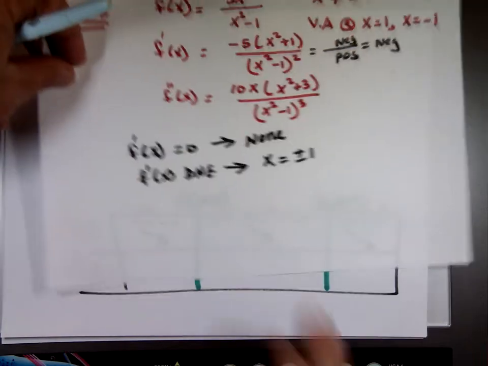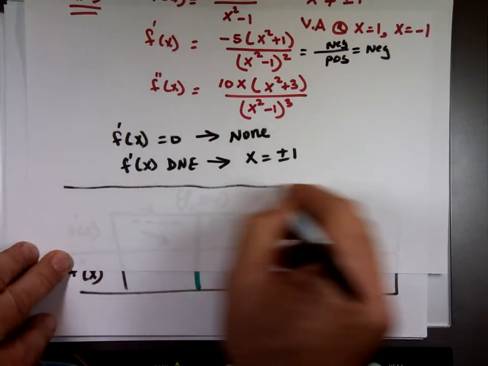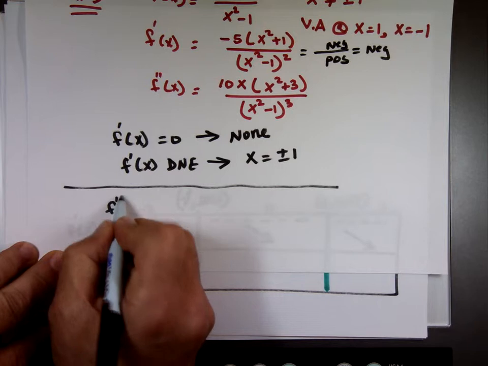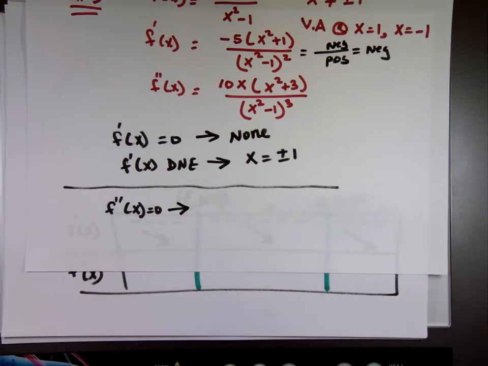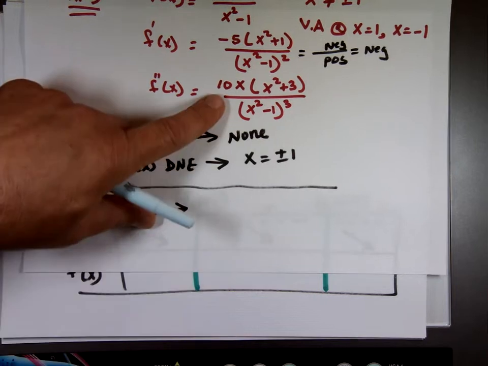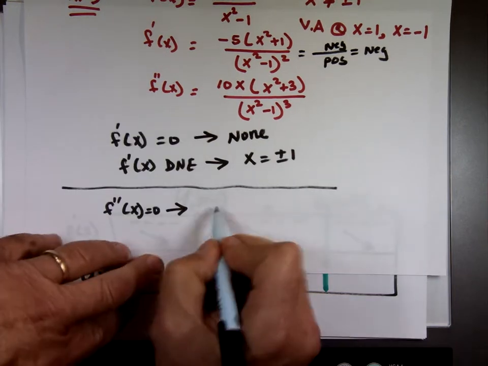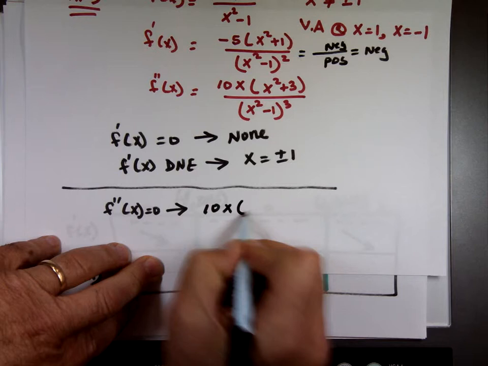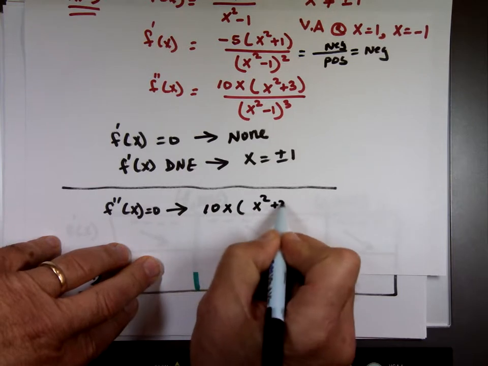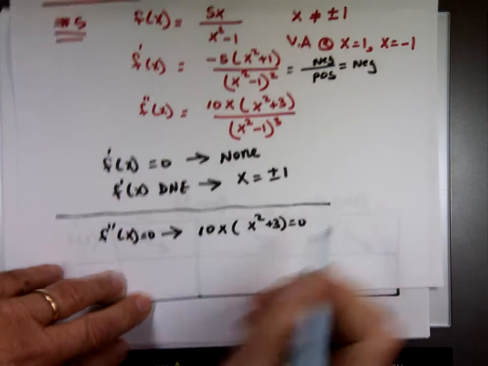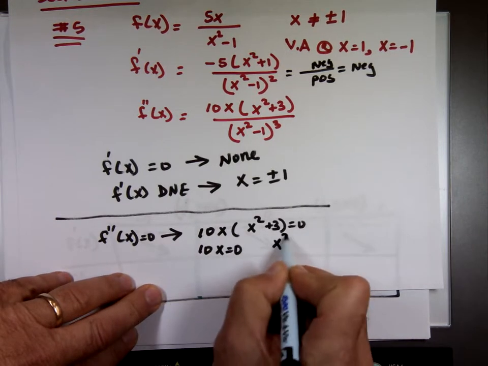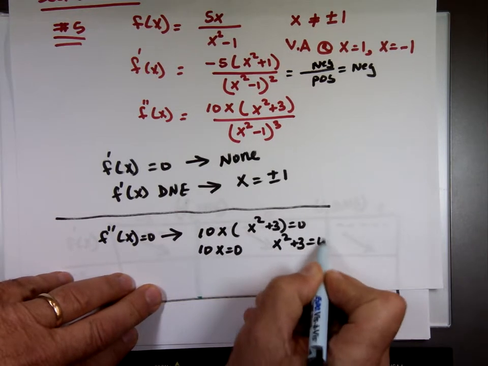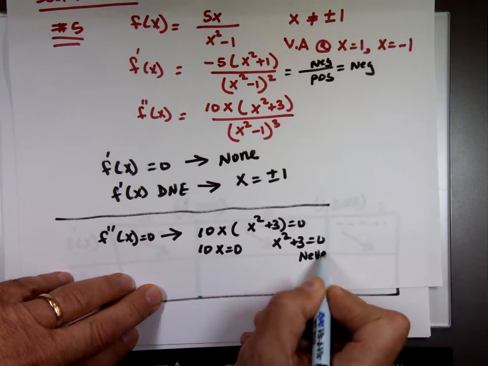Now the second derivative. Where is the second derivative equal to 0? That's when you take the top of the fraction and set it equal to 0. You have 10x equal to 0. You get x squared plus 3 equal to 0. This will never happen, this piece here.